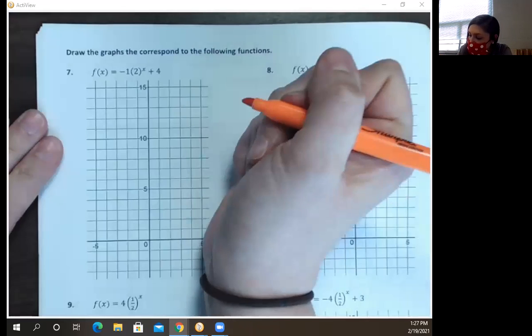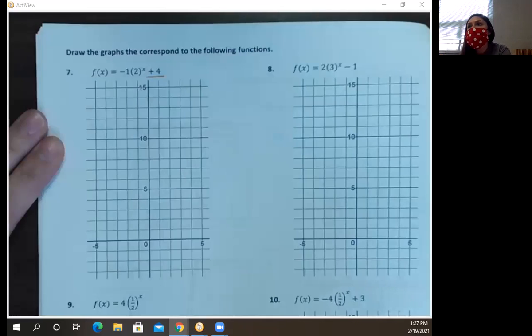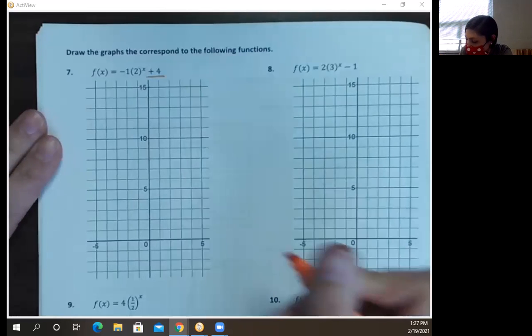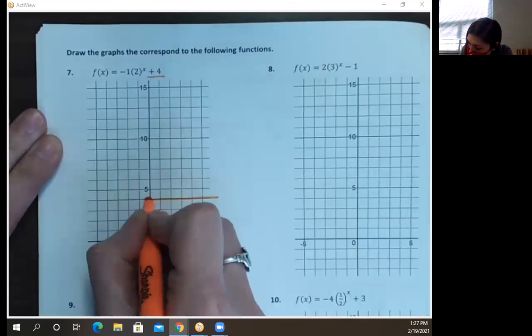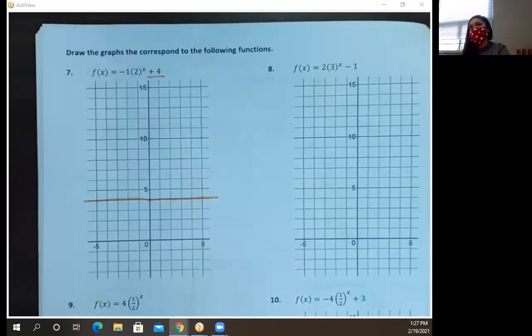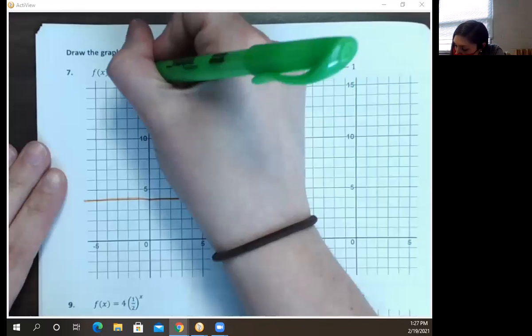So as I look at my function, I'm going to look for my asymptote. I have a +4 at the end. That means my asymptote is up at 4. So 1, 2, 3, 4. The next thing I'm going to look at is that leading coefficient.